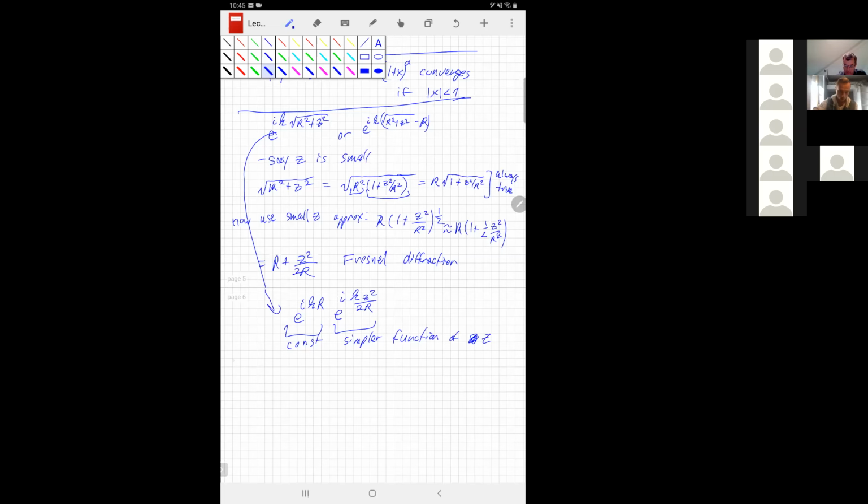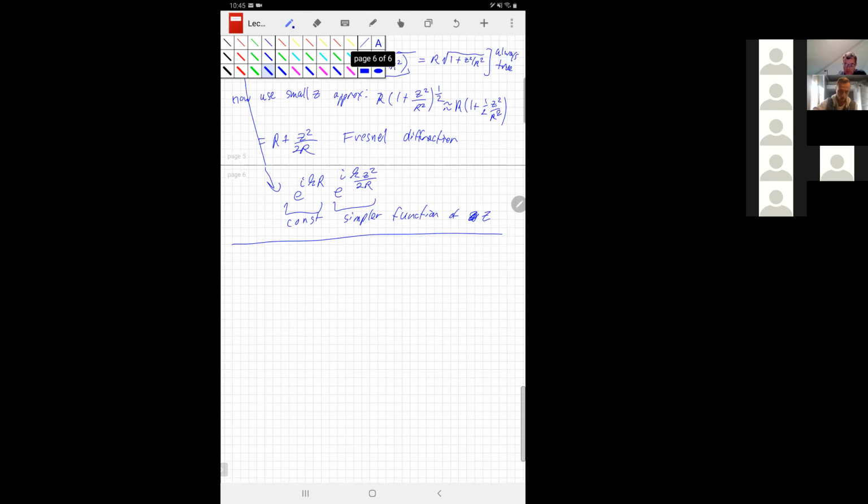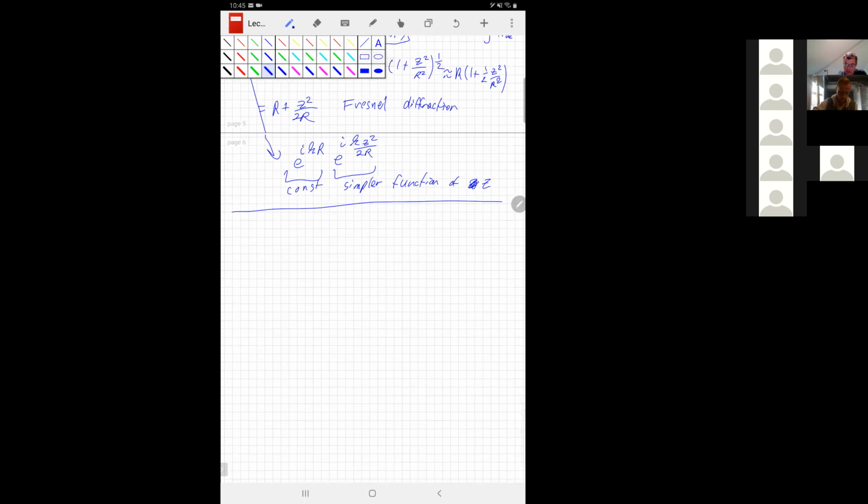All right, let's do another one. Similar, but again, useful. Let's say that we want to do e to the i k times the square root of r squared plus z plus a squared.